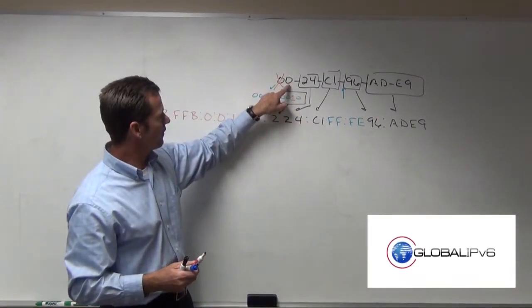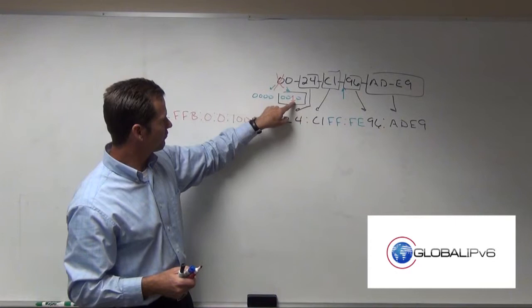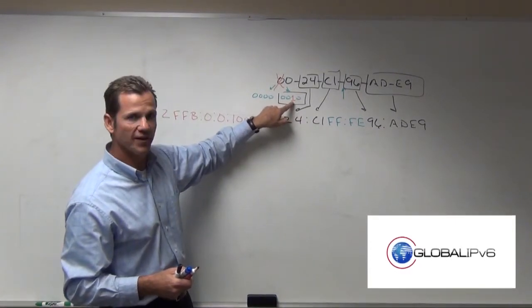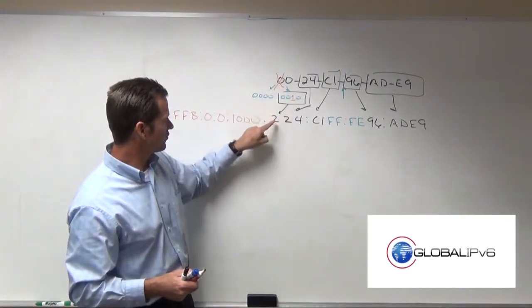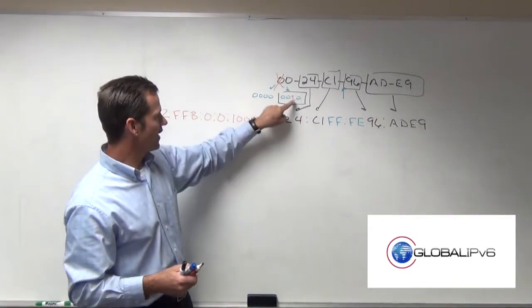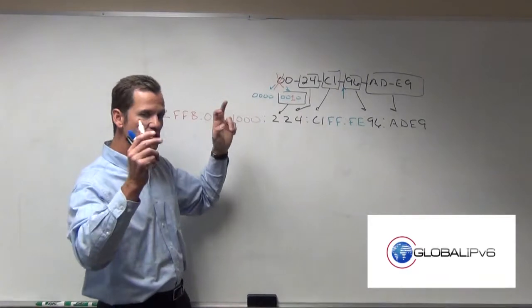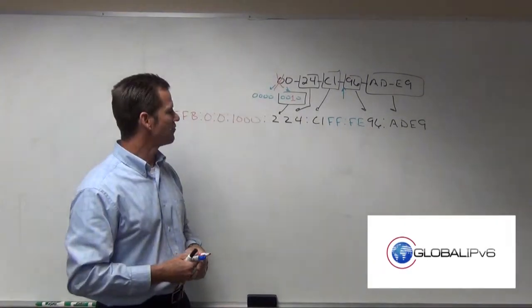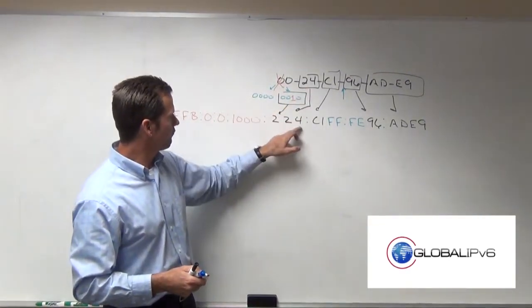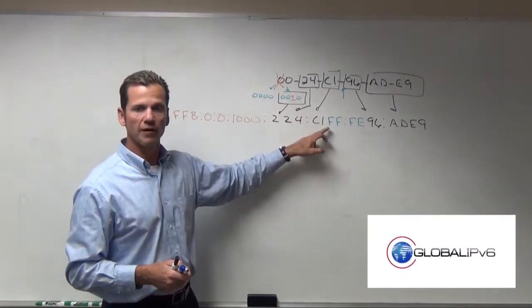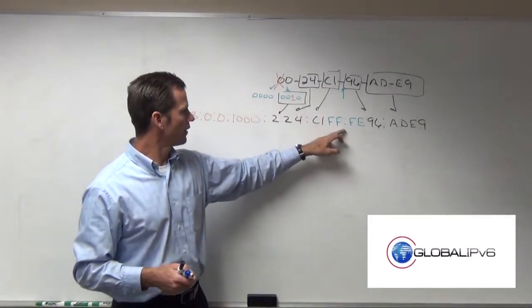The second 4 bits over here is changed from a 0 to a 1 on the second least significant bit, which results in a 2. The reason it was changed, once again, is that it came off of the Ethernet card, meaning it must be a unique MAC address. Then you have 24:C1FF:FE.